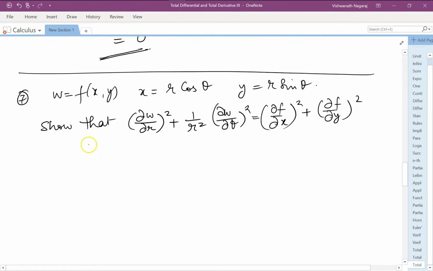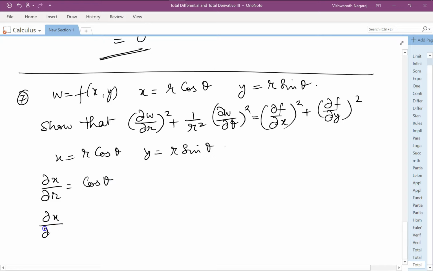Now let's take it step by step. x equal to r cos theta, y is equal to r sin theta. ∂x/∂r is equal to cos theta, ∂x/∂theta is equal to minus r sin theta.